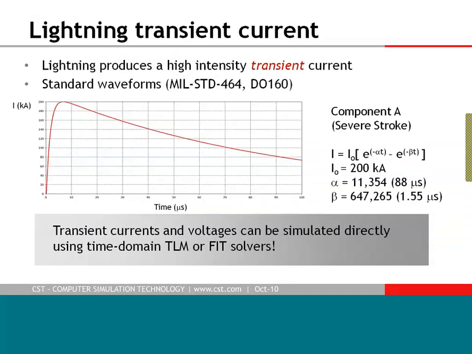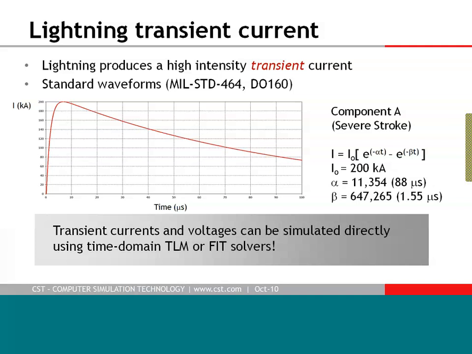A second point is to characterize the waveform. We have seen that the standard waveform is definitely a double exponential. The values that we have here, 8/8 microseconds and 1.5, are the most common.